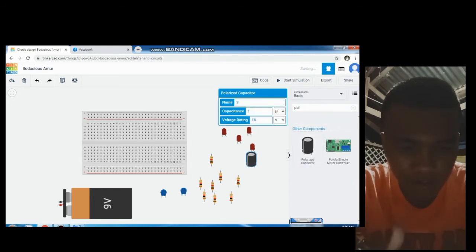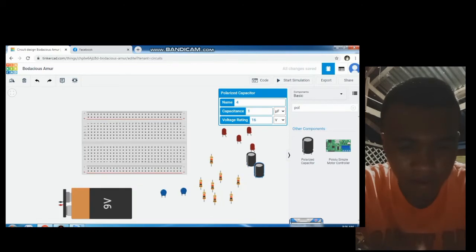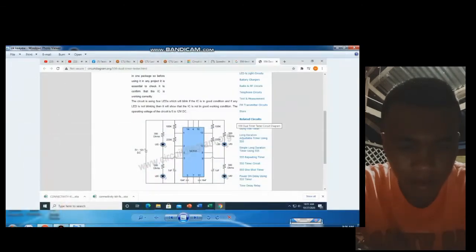The next is the polarized capacitor, and don't forget the NE556.